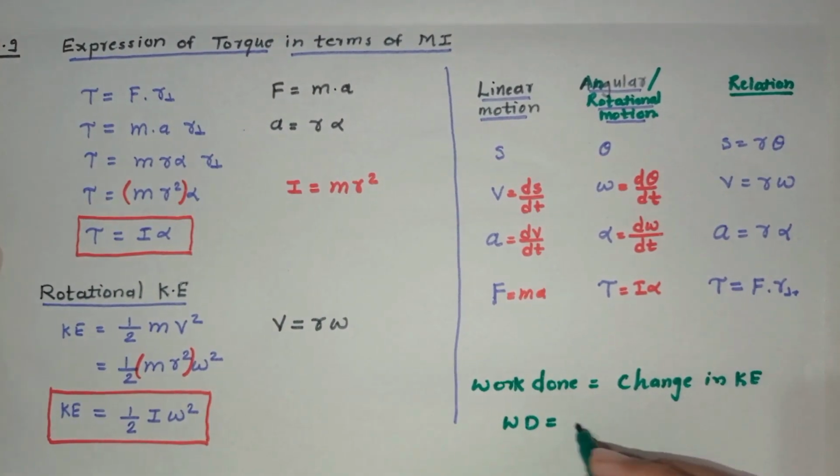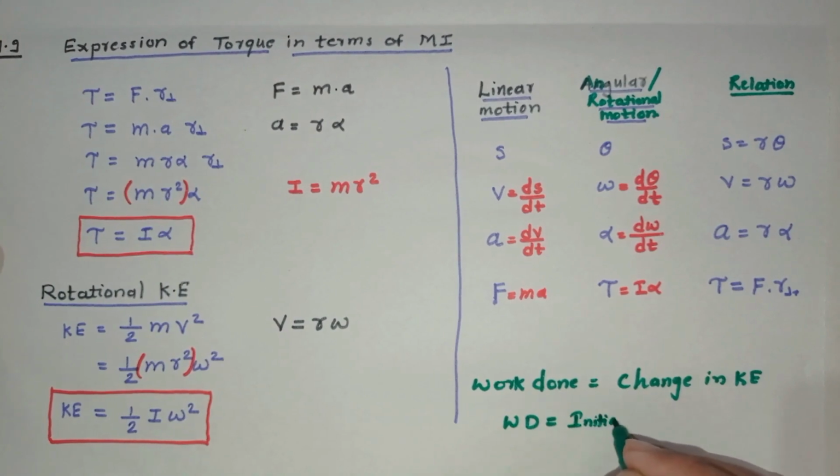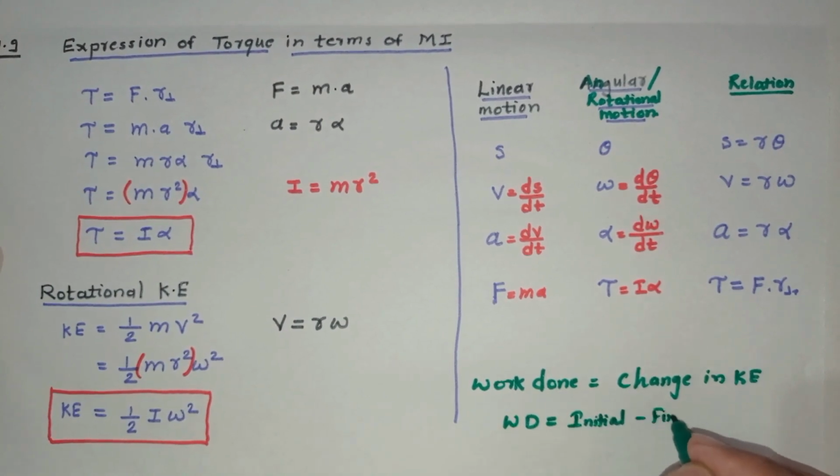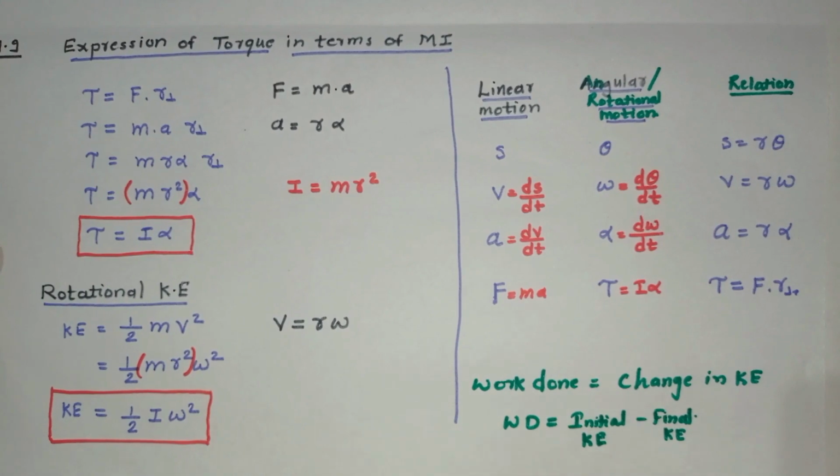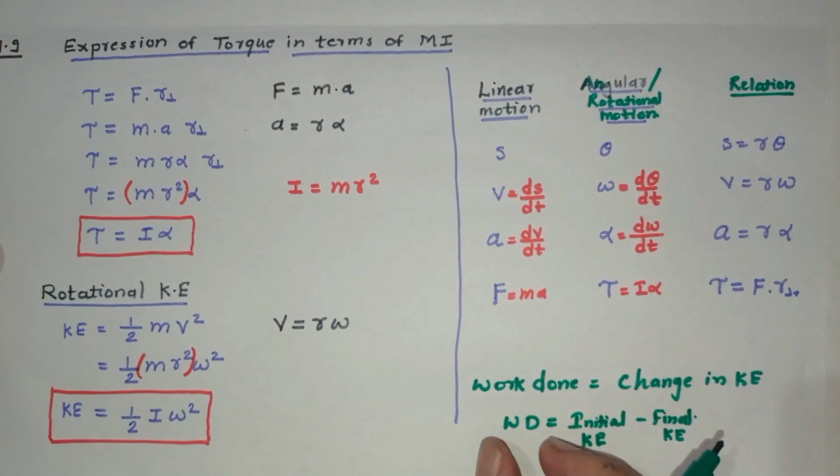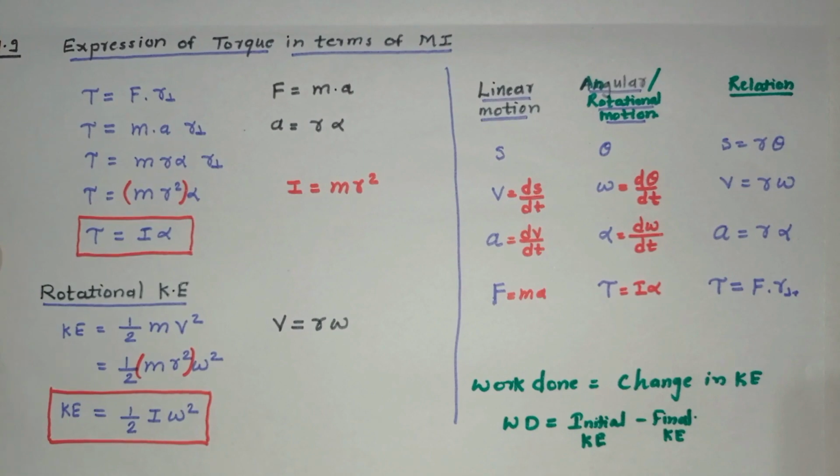Change in kinetic energy is initial kinetic energy minus final kinetic energy. So if we know the initial kinetic energy and final kinetic energy, we can find out the work done, or if work done is given, we can find out the change in kinetic energy.